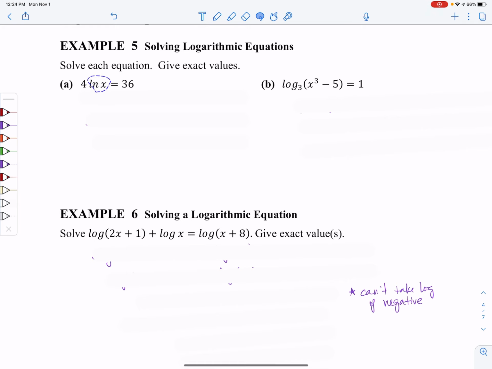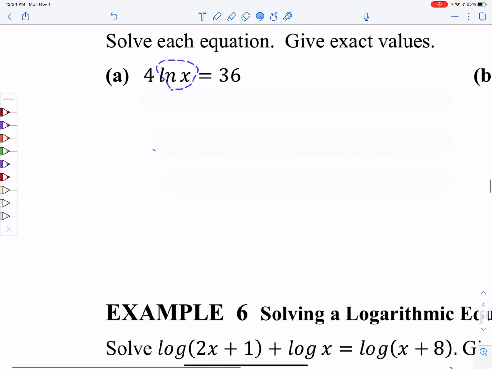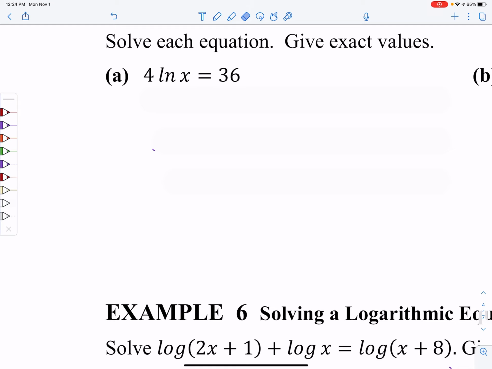This one is a log of x that's being multiplied by a 4. So this log is not alone. And so my tip says that the very first thing that you want to do is you want to get the log alone. So we're going to divide on both sides by 4. On the left, this will give me ln of x, and on the right-hand side, that's going to give me a 9. So my log is alone.